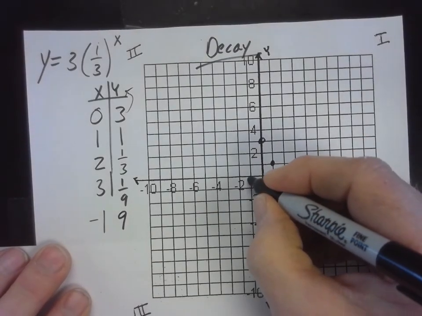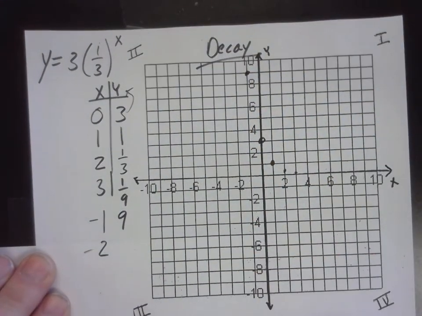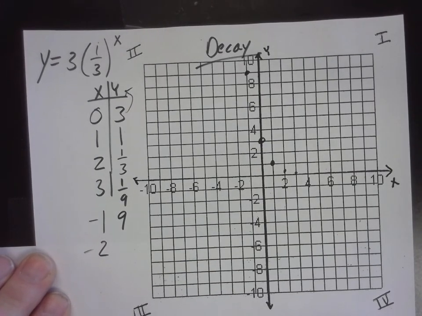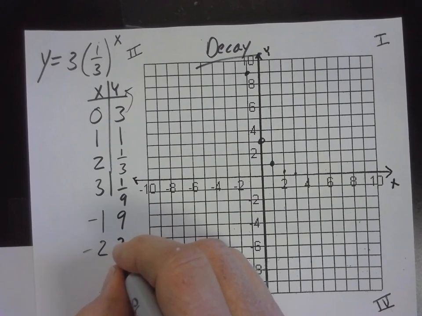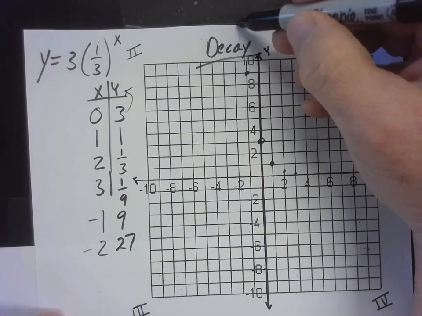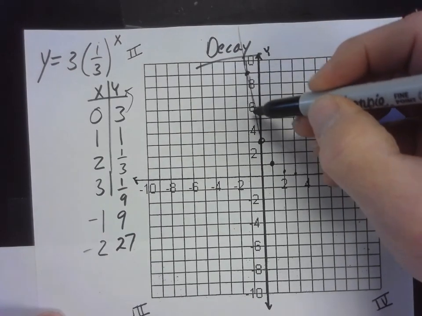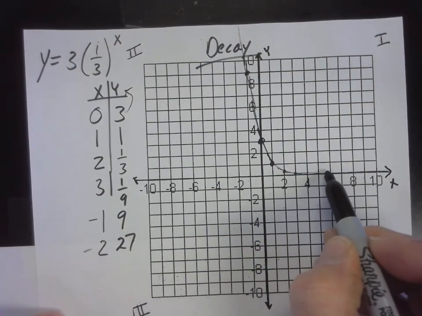So -1, 9. If I put in a -2, it's just going to be 3 times bigger, isn't it? So 27. So -2 is so high up there we can't graph it. So it's coming down here. And here's a case of exponential decay.